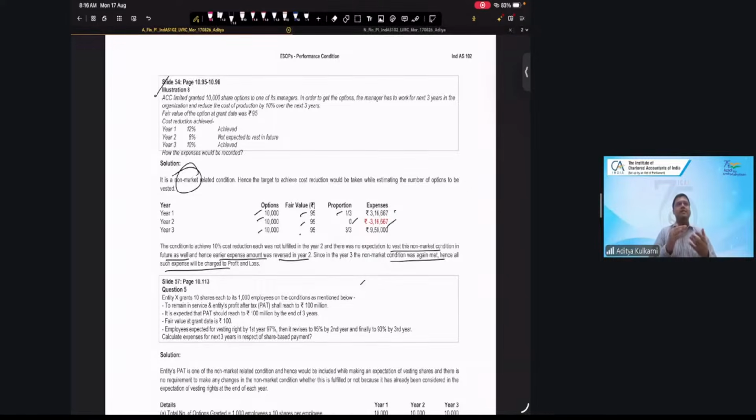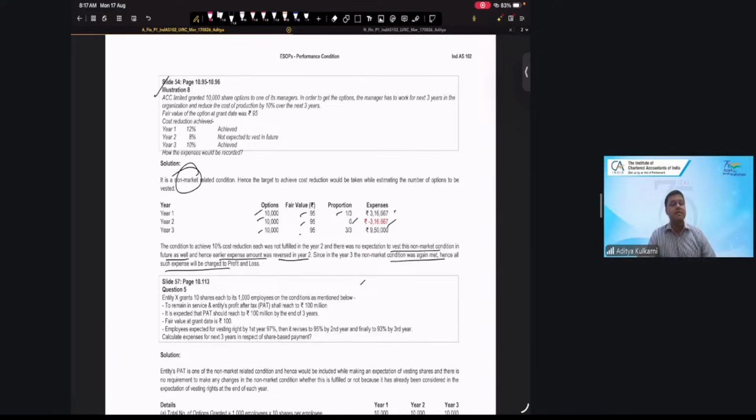And that is why at the end of each year, you are required to estimate whether you are in a position to meet or not meet. Like in the last question, in the first year, there was an expectation it will be met. In the second year, no expectation.